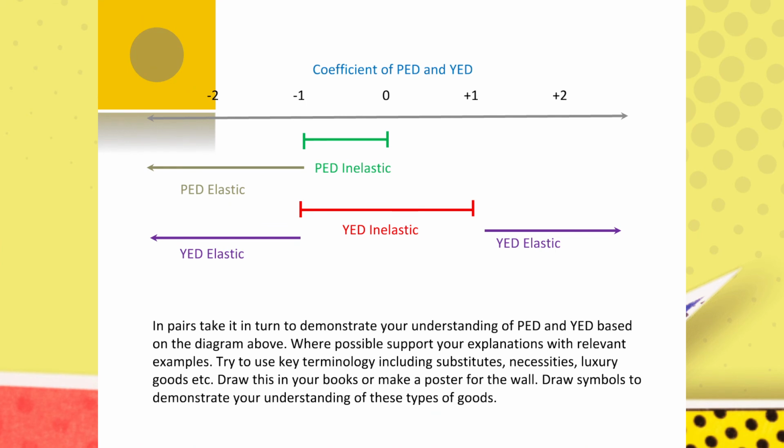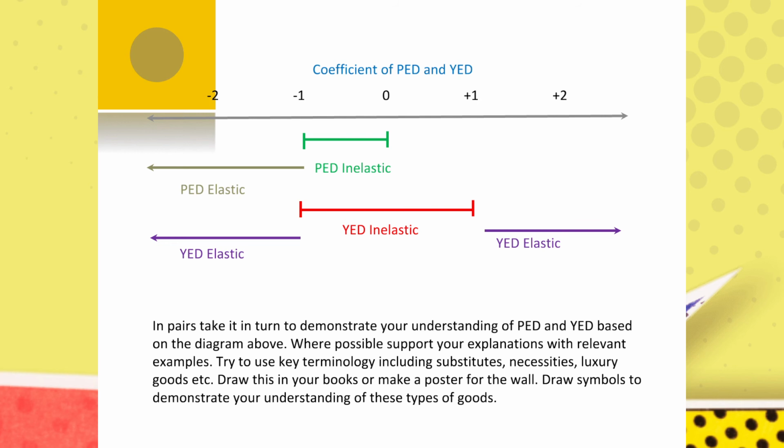So here's a little scale for you to see the comparison between PED and YED, both elastic and inelastic. As you can see, the scale is similar, but there's a little bit of a difference. So in pairs, take a turn to demonstrate your understanding of PED and YED based on the scale above.